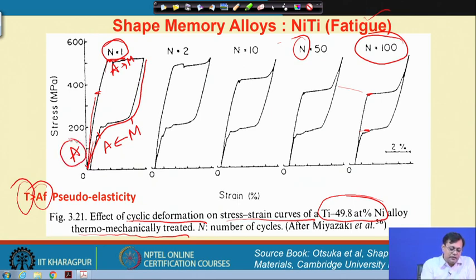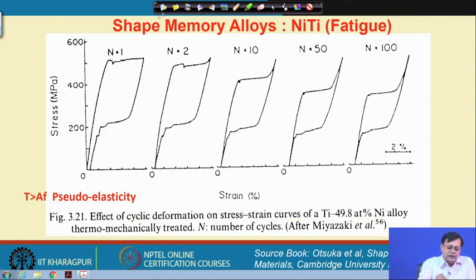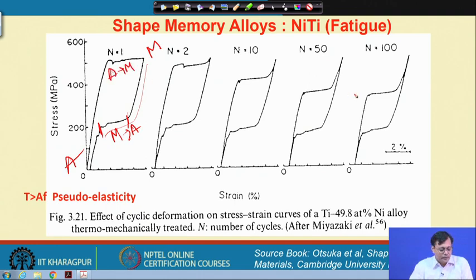So, I have 100% austenite phase in the initial microstructure, and then martensite starts forming in this region, and martensite transforms into austenite, and here austenite transforms into martensite. The same thing is here. This is a very interesting phenomenon. However, this is deformation induced or cyclic deformation induced fatigue on the shape memory effect, on the pseudo elasticity.